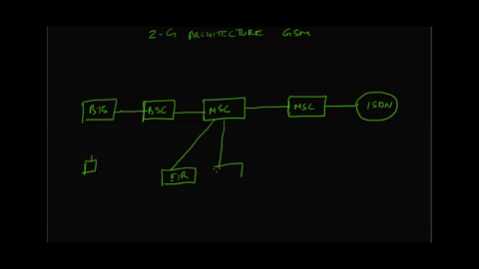Here is the HLR, home location register, which records the mobile's data, the subscriber data. It has the IMSI, the MSISDN. Temporarily, it has the MSRN.